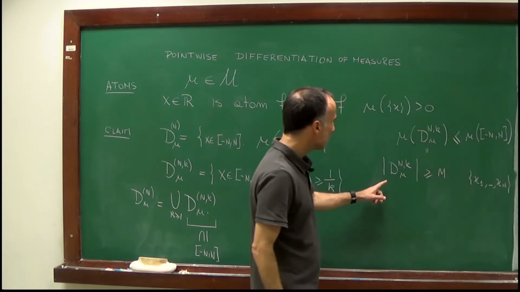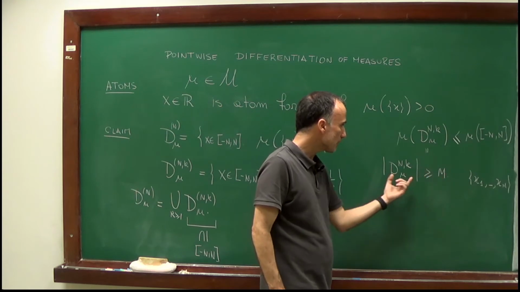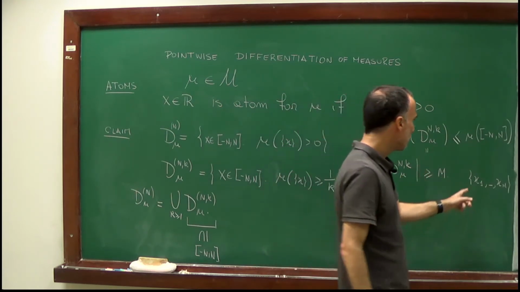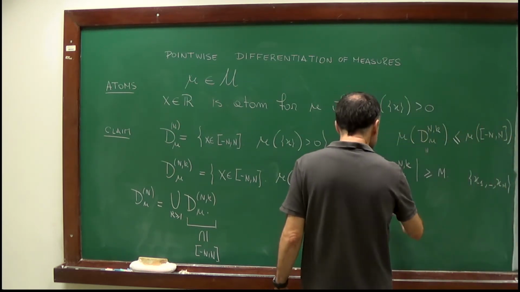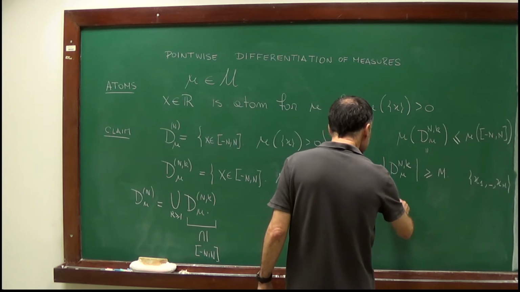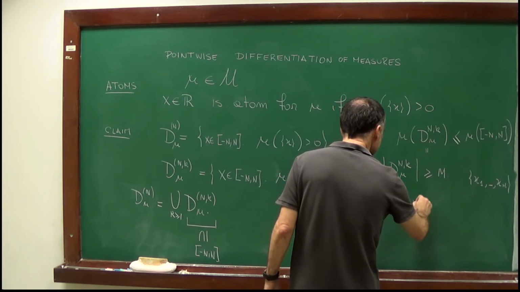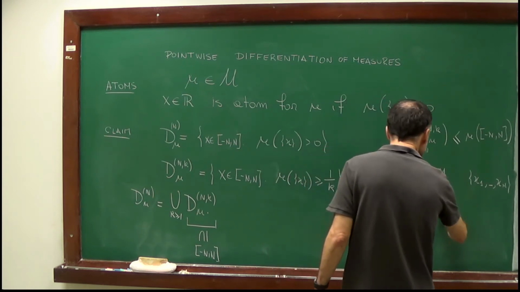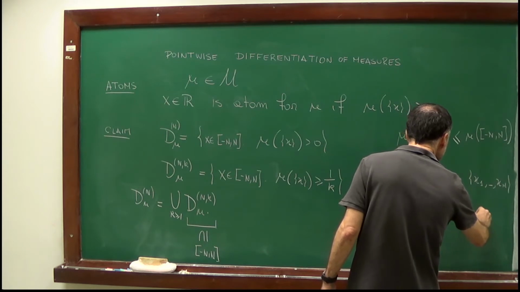I'm assuming that the total number of elements of this set is larger than m, so I can find at least m elements. This means that mu of D_n^k(mu) is larger or equal than mu of the set {x1, ..., xm}.